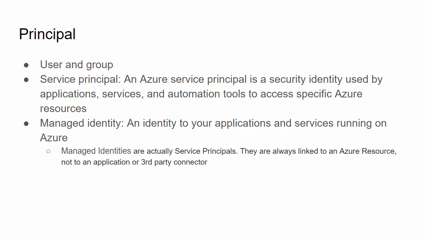That's handled by assigning a role to the managed identity of that Azure resource. So these are the three principals that you will be experiencing: user and group, whenever you log into a portal, right? Service principal and the managed identity. And the difference between these two is that managed identity is provisioned by Azure and resides inside Azure.